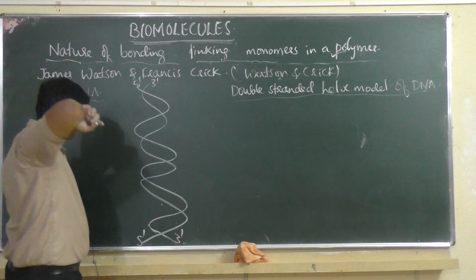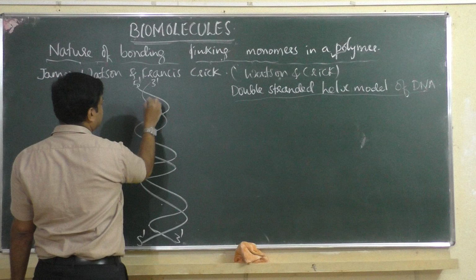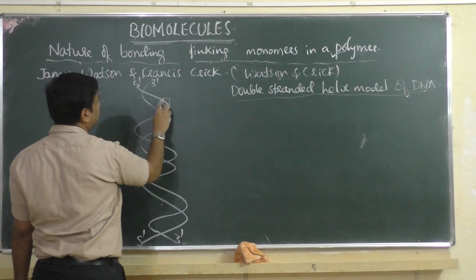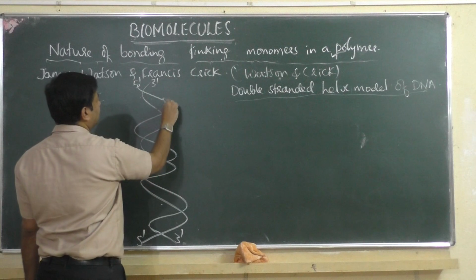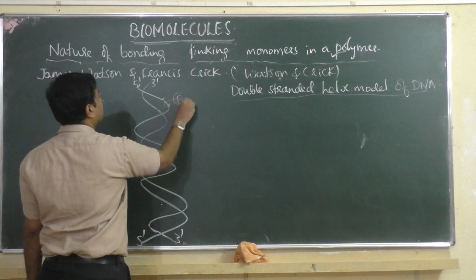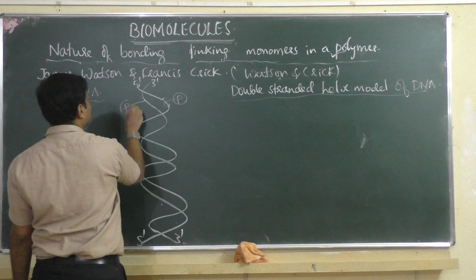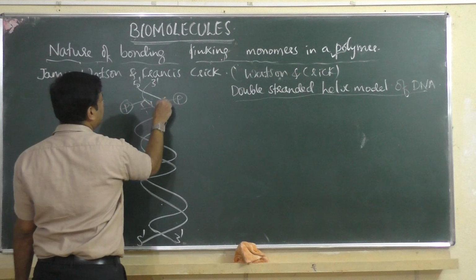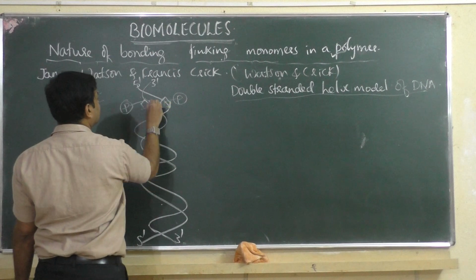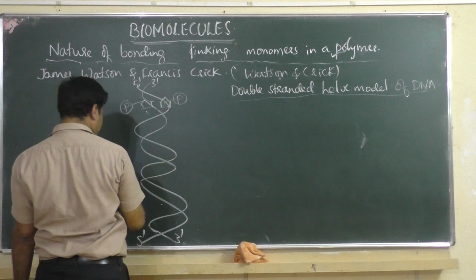Okay, then the backbone of this, if you zoom in, what is there in each thread? I told you there are nucleotides. Here phosphate is there, on this strand also phosphate is there. Then here pentose sugar is there, here also pentose sugar is there. Then nitrogen bases will come here.